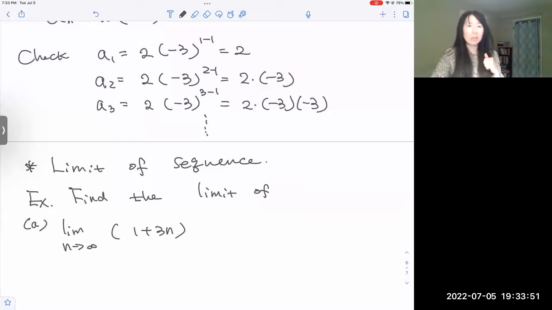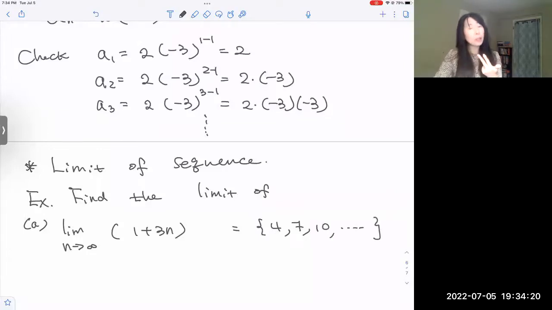So when n equal to 1, it's 4. When n equal to 2, it's 7. When n equal to 3, what do you get? 10, and so on, right?